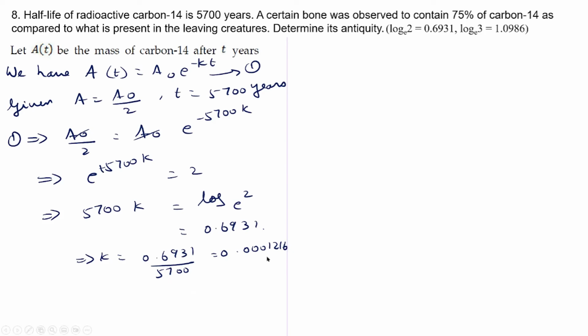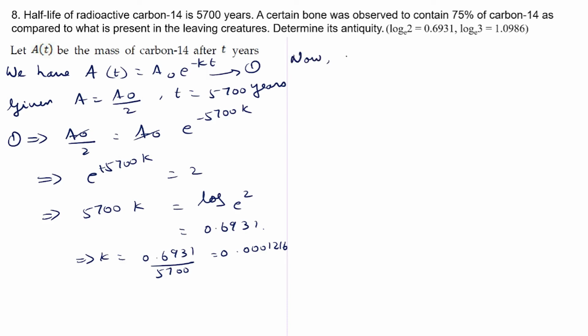Now we need to find the age of bone which was observed to contain 75% of carbon-14 as compared to what is present in the living creature. So what is present in the living creature is A naught. That will be the initial amount that was present in the bone so many years back.